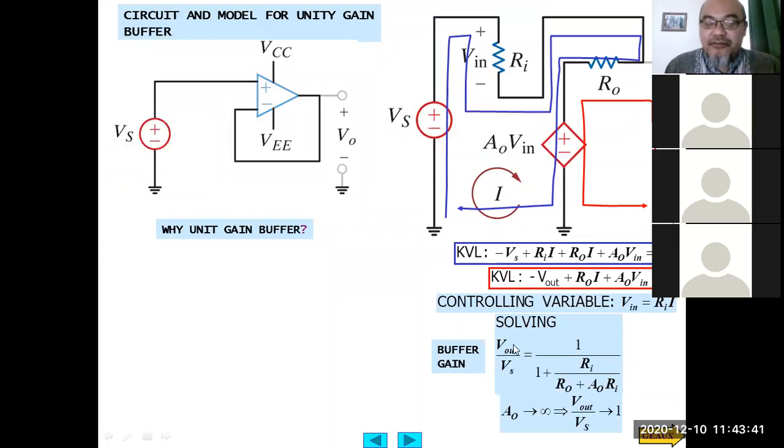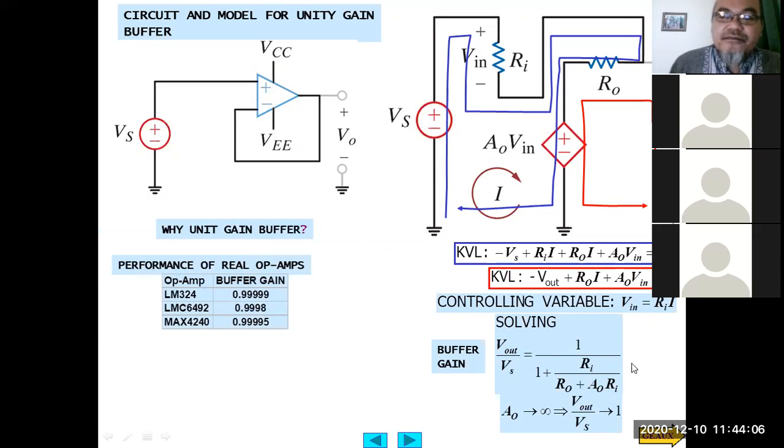The buffer gain V output over Vs equals 1 over 1 plus Ri divided by Ro plus AO Ri. If the gain AO is infinity, these terms equal 0, and then V output divided by Vs equals 1. But since in reality AO is not infinity, this is what we found: 0.9999, 0.9998, 0.99995.